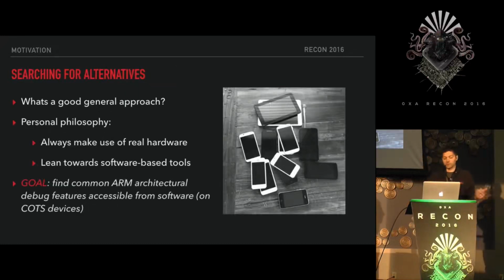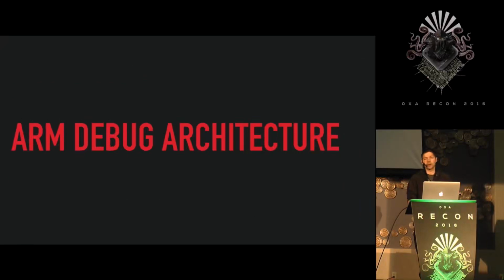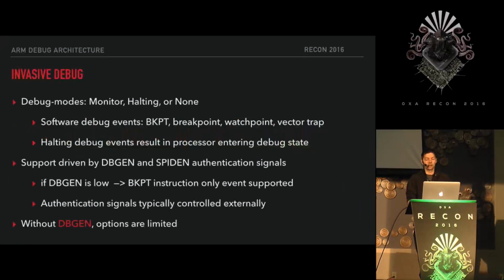So my personal philosophy has always been to make use of real hardware. Everything I want is in this phone right here, so why not make use of it? And I like software-based tools just because it's more portable. So we're going to step through the ARM debug architecture, in search of something else.